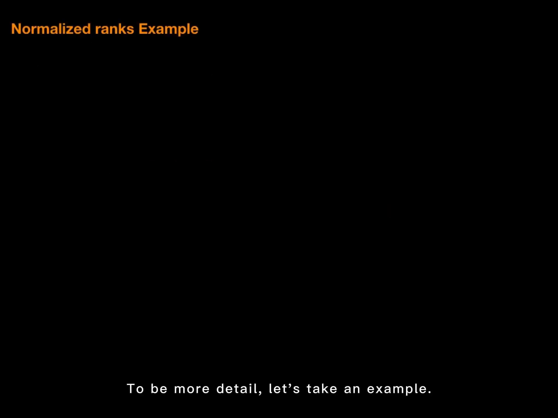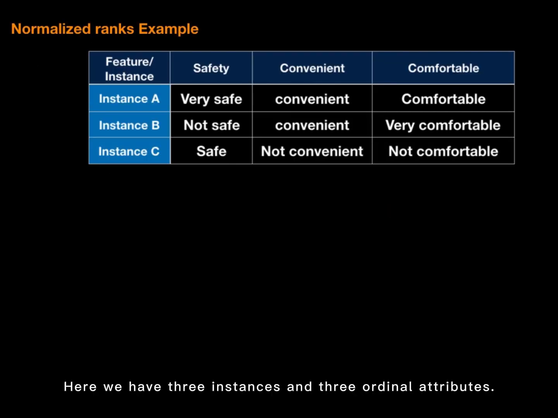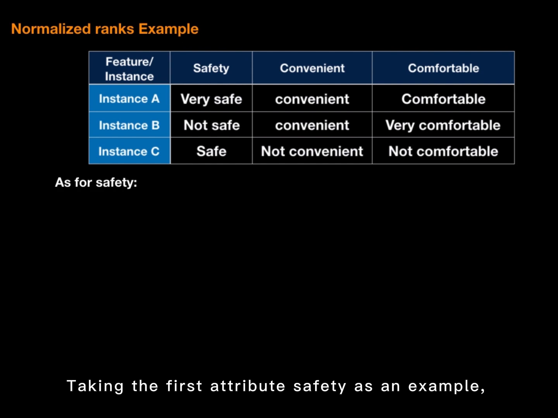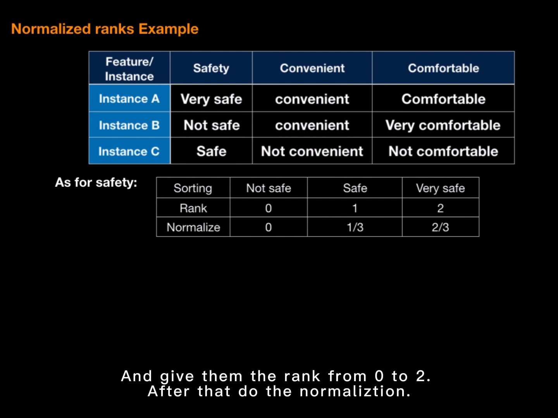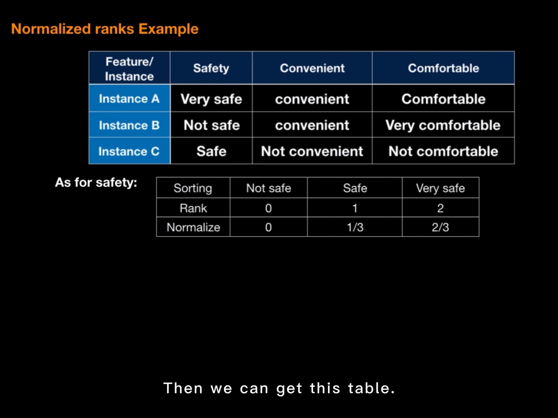To be more detailed, let's take an example. Here we have 3 instances and 3 ordinal attributes. Taking the first attribute, safety, as an example, we can first sort its values from weak to strong: not safe, safe, and very safe, and give them the rank from 0 to 2. After that, do normalization. Then we can get this table.